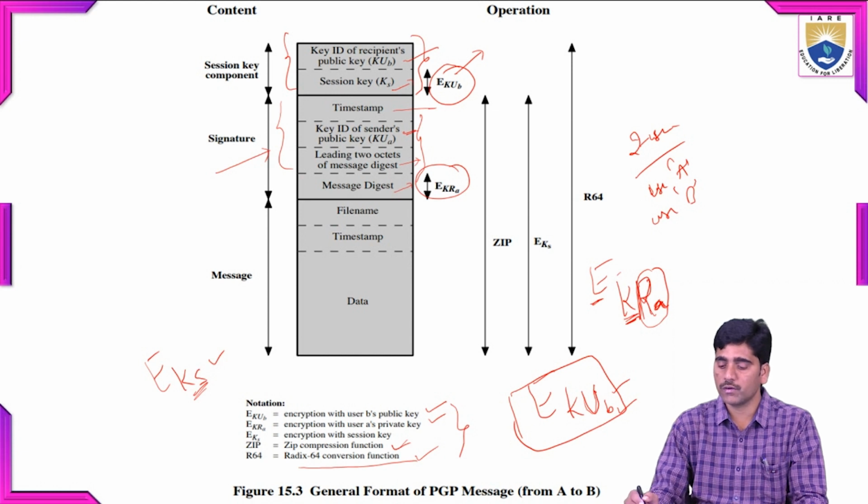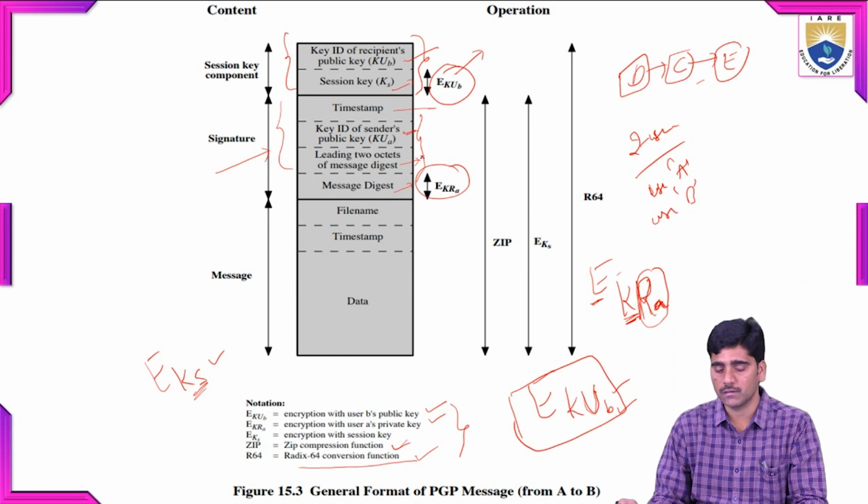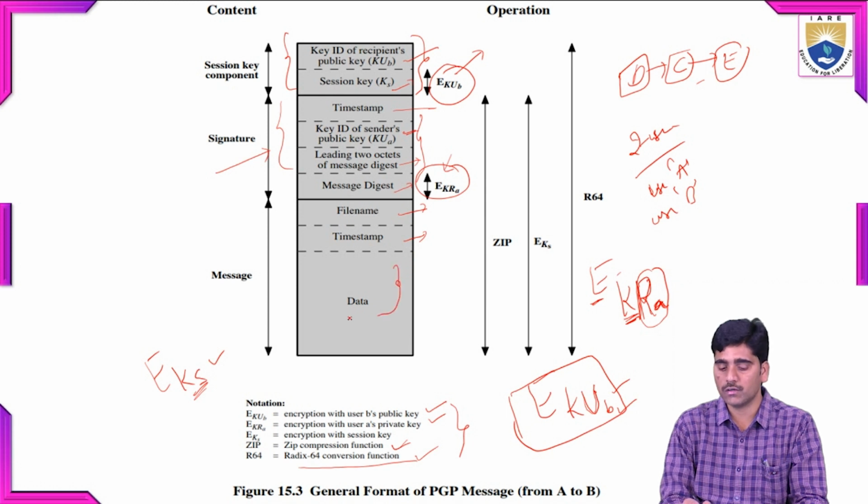Before compression the digital signature has to be applied, then compression is applied, then encryption. The same thing happens here, with encryption with the user's private key. The next one is the file name, the timestamp, and what the data actually contains in that file.